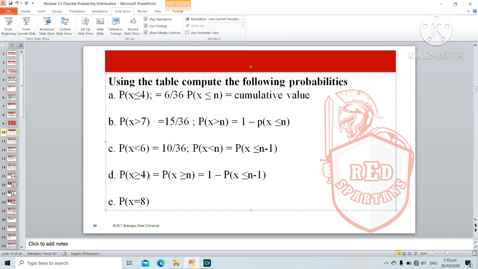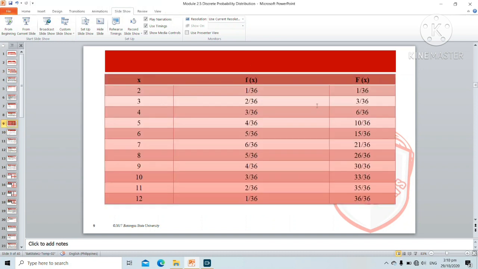So, halimbawa niyan, greater than or equal to 4, magiging 1 minus probability ng x is less than or equal to 3. So, ano ba yung value ng 3? Ang value ng 3 ay 3 over 36. So, 1 minus 3 over 36, ang lalabas ay 33 over 36.